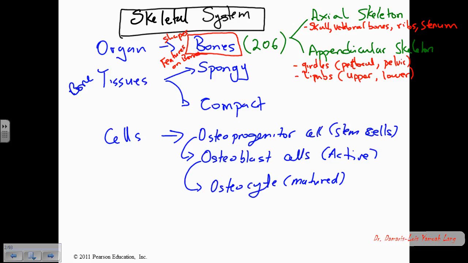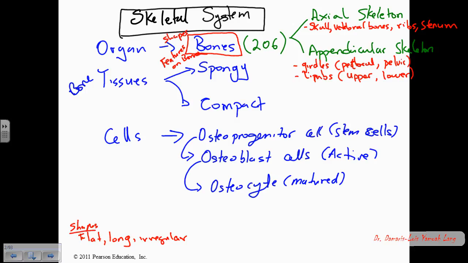So first, the shape part. Some bones are flat, some bones are long, some bones are irregular. So we have all kinds of different shapes that we can see of bones.